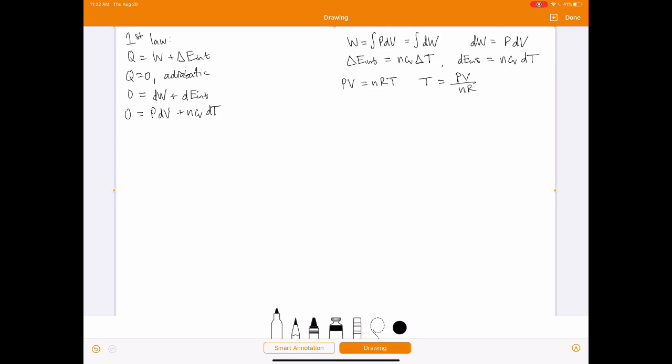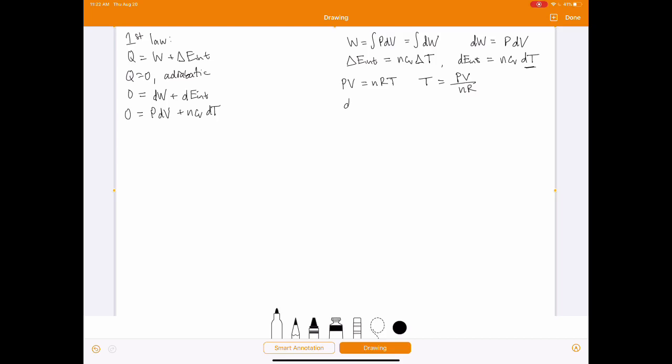What I'm trying to do here, guys, is come up with an expression for dT. This is kind of a problem, though, because pressure and volume are not necessarily constant. So I can't do what we did before where I just pull the pressure or the volume out to the front. Instead, both of those things might be changing.